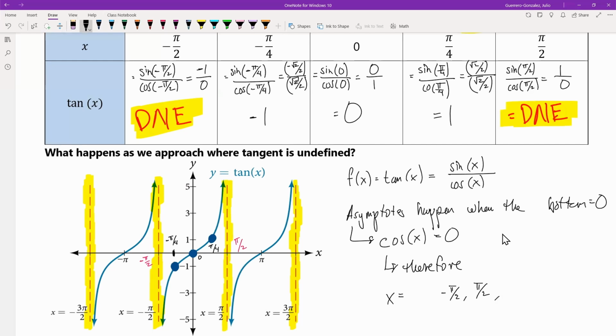Then 3 pi over 2 if we keep going in the positive direction, 5 pi over 2, 7 pi over 2, and so on and so forth. And we can go backwards as well. So negative 3 pi over 2, negative 5 pi over 2, and I'm just going to put dot, dot, dot.